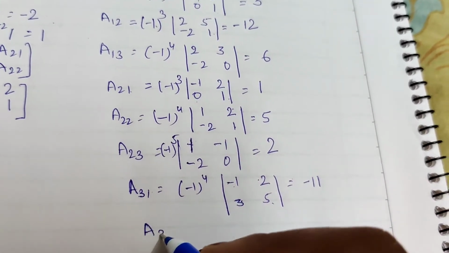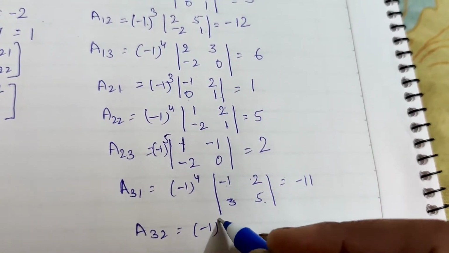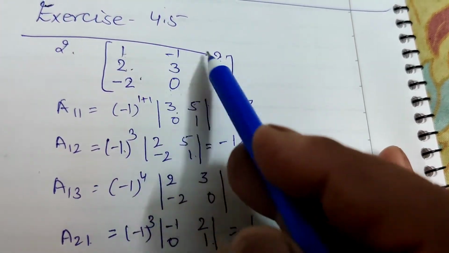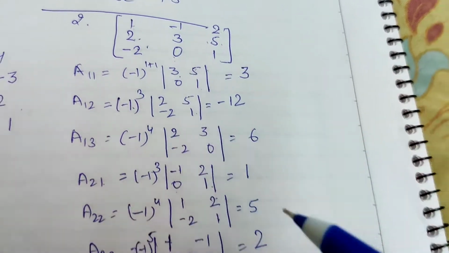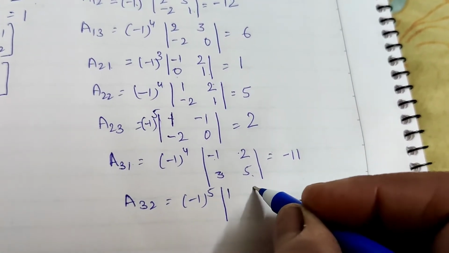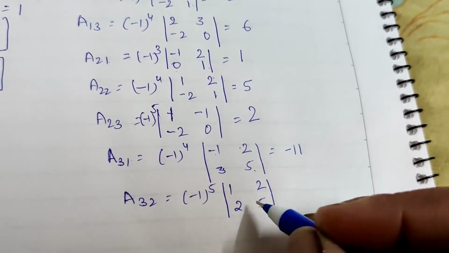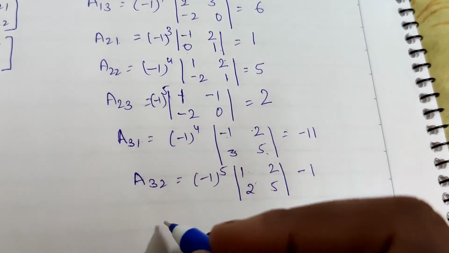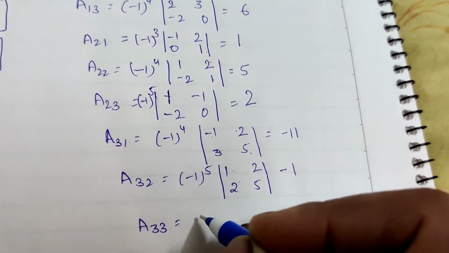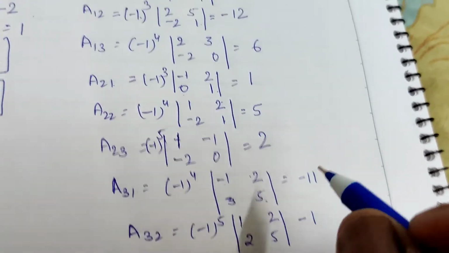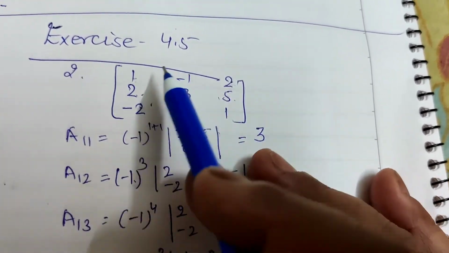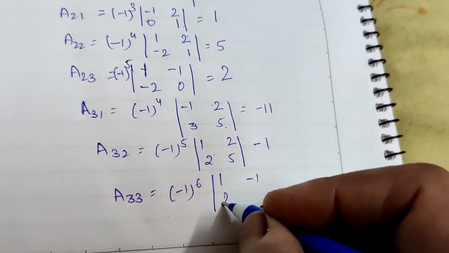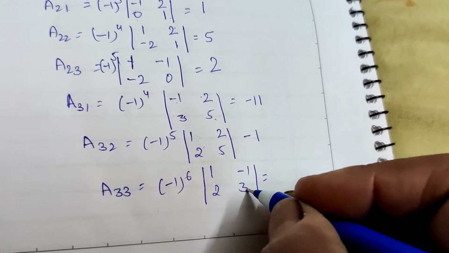Now A32: minus 1 raised to power 5, third row, second column, the matrix 1, 2, 2, 5. It means minus 1 times 5 minus 4, which is minus 1. And A33: minus 1 raised to power 6, third row, third column, the matrix 1, minus 1, 2, 3. It equals 3 plus 2, which is 5.